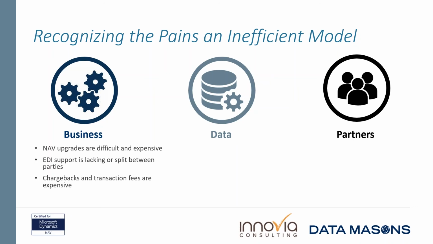This, unfortunately, is another area: chargebacks and transaction fees. This gets into areas where, especially in higher volume, you're paying 25, 50 cents a document, and as you start to increase that volume, it can be very expensive and take away from the bottom line. This purchase order generated that PO acknowledgement, which generated this ASN, which generated that invoice.